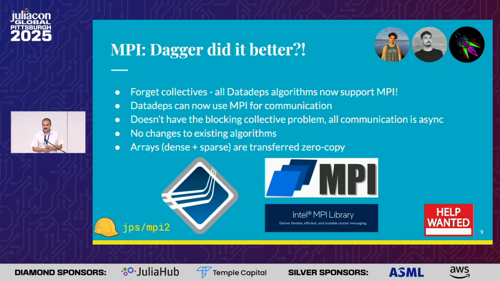You call a line, Dagger.accelerate!, and you pass in the symbol of MPI. And all the collectives and P2P communication is done by us by default. We are developing a GSOC project with Jan, and he is developing the no-copy transfer of data between sparse arrays and dense arrays. So this is a performance improvement on our current MPI implementation, which we are almost ready to ship.